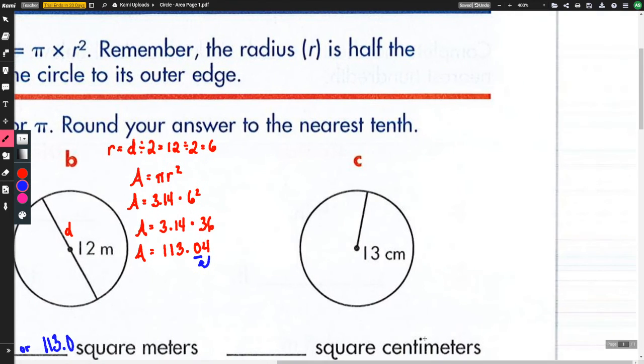Now I'm going to do this one. I see right here that it only goes from the center to the edge, so I know this is a radius. So I don't need to find my radius because it's already there, so I go straight to A equals pi r squared, where pi is 3.14 and r is 13 squared.